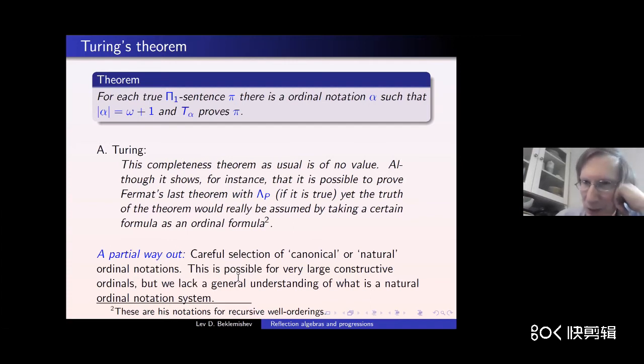And this is shown by now to be possible for very large constructive ordinals, even though we lack a general understanding of what in general a natural ordinal notation is. So this problem of natural ordinal notation is still a problem. Proof theorists, specialists, are of varied opinions on whether it has a good solution or not.